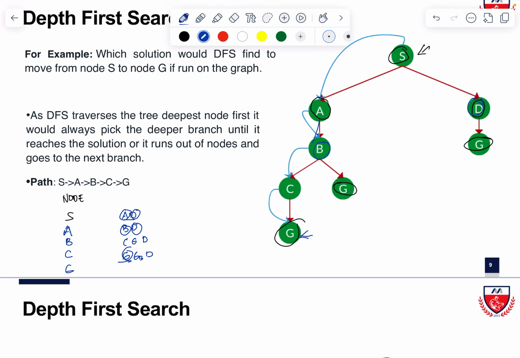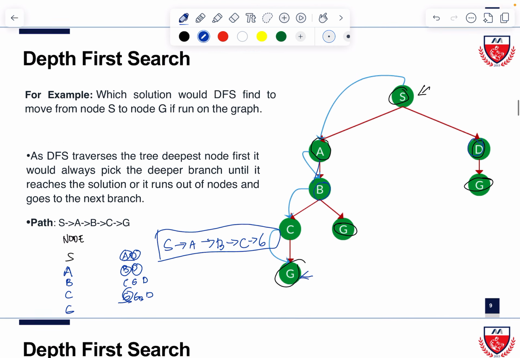We can already visit G, since this is the first G that is going to be visited by the path. So therefore, our path would become S to A to B to C to G, and that is our path. I hope that is clear.